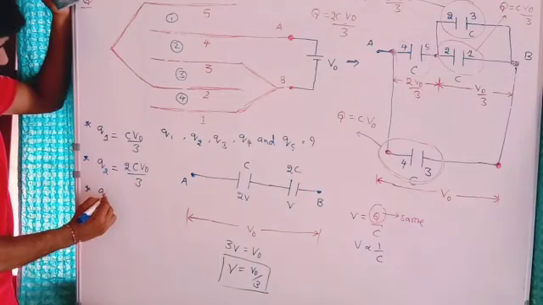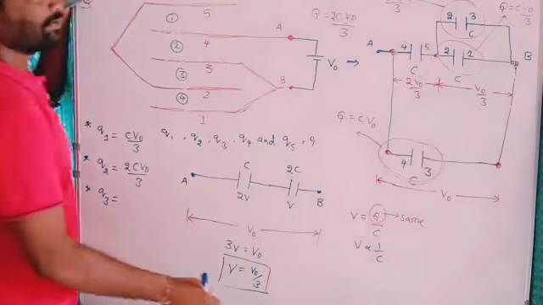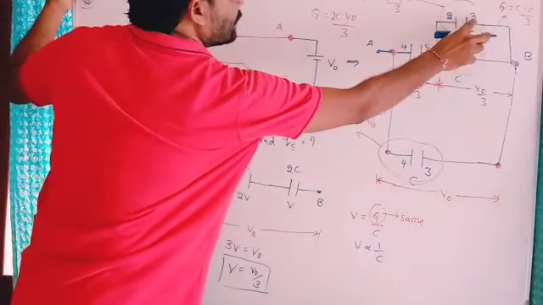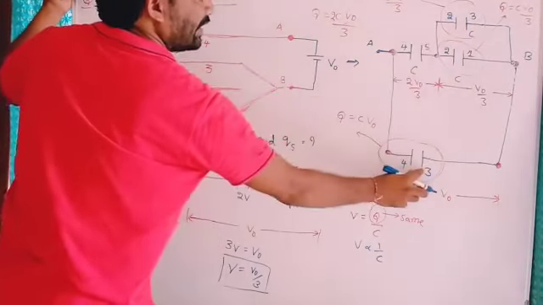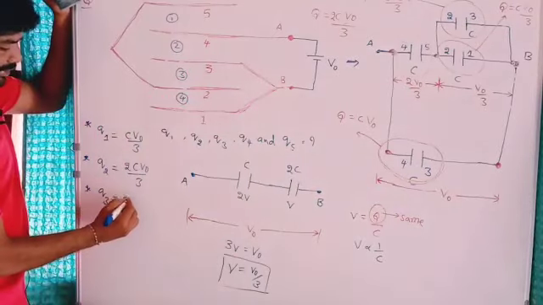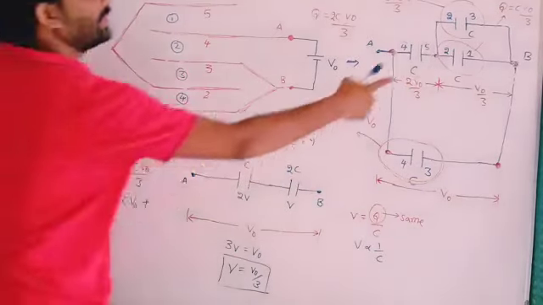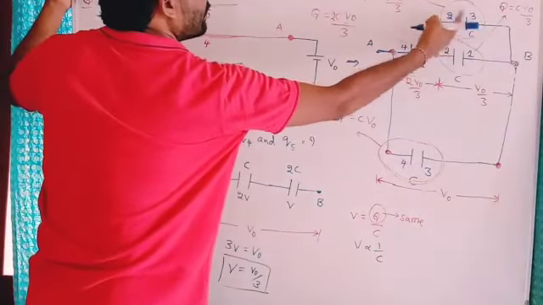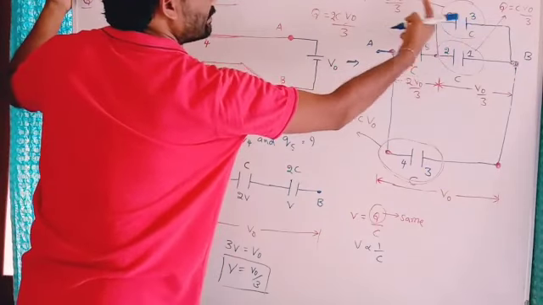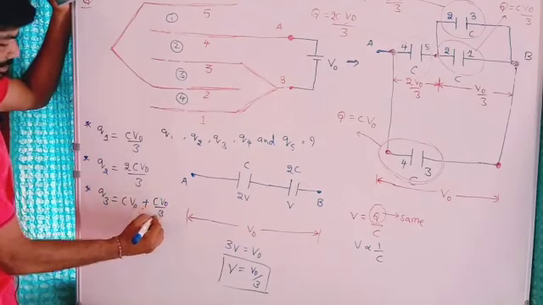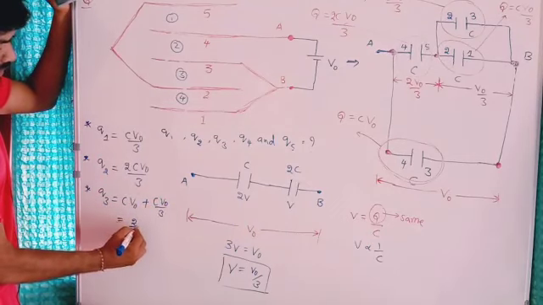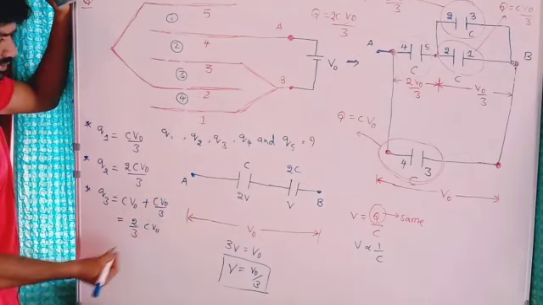Now the charge on the third plate. The third plate also contributes to two capacitors. Here the charge is CV naught. Here the charge on the same third plate due to this capacitor is CV naught by 3. It gives 2 by 3 CV naught.